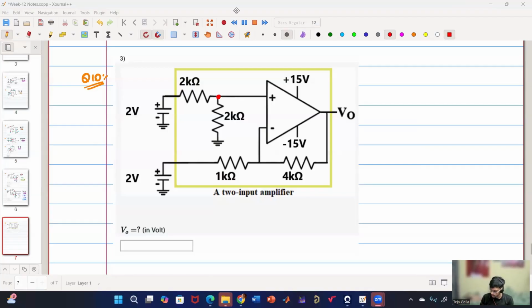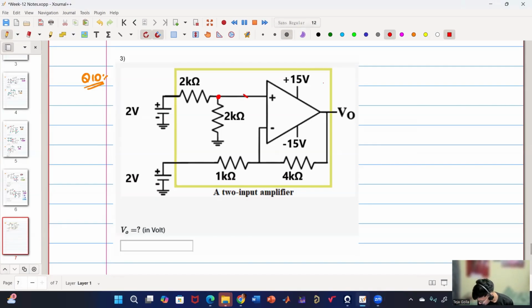What about others? What is this voltage? Gyanendra said already 1 volt. Avinash, Nandini, and Shamita? How 1 volt?